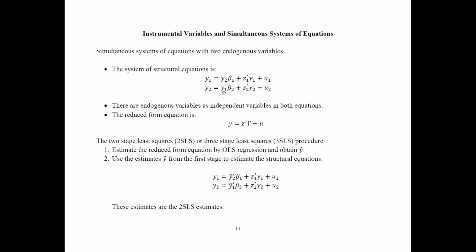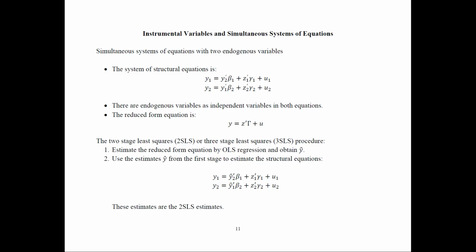So how would we go about that? We would look at the reduced form equation where we would have y equals z prime gamma plus u, so not considering these endogenous regressors. Then we could go ahead and estimate either the two-stage least squares or the three-stage least squares procedure.